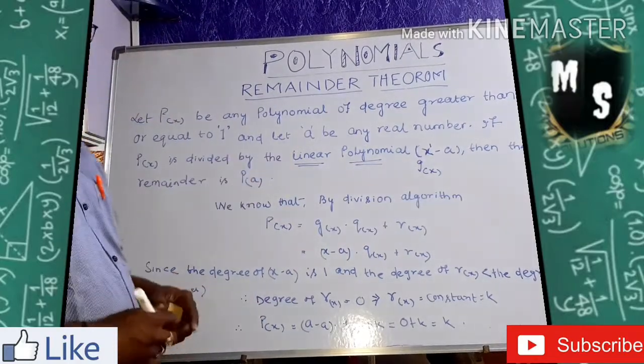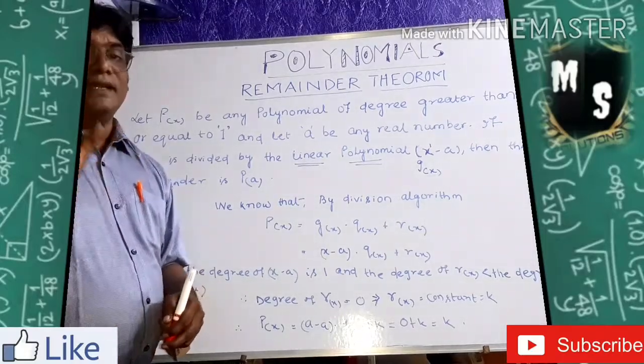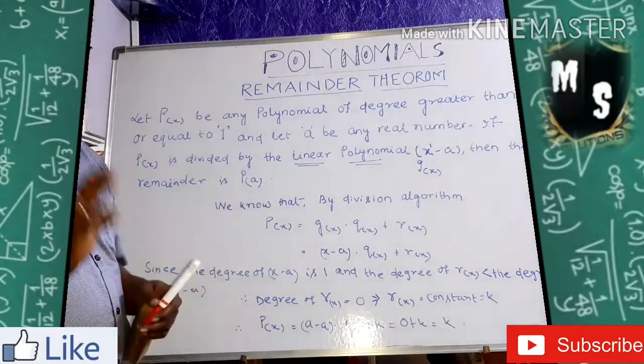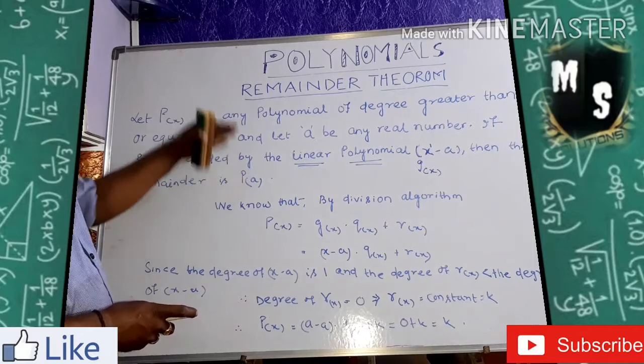Clear? It will give you a remainder which is a real number, let it be a or polynomial in a. Clear? Now I wrote my next part. I think this part is understandable to you.